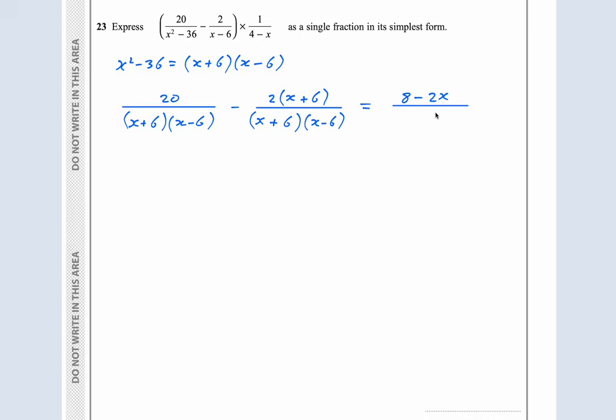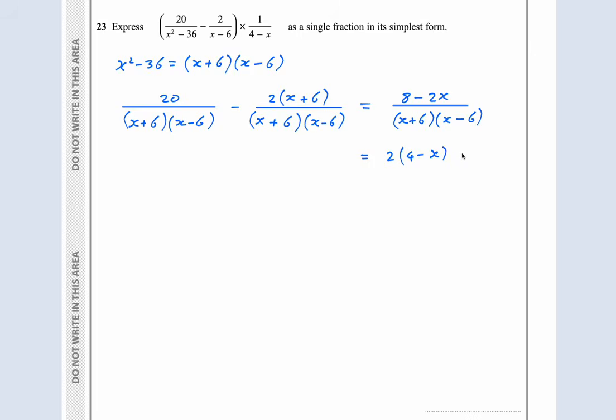So 8 minus 2x over x plus 6 times x minus 6. Then I can factorize the numerator. The numerator factorized is 2 times 4 minus x.